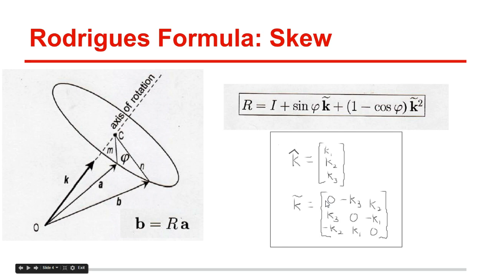You're expanding that into a 3x3 matrix, and this is what it will be. So you have 0, negative z of the unit vector K, then y, then z, 0, negative x, negative y, x, and then 0, with the zeros all along the diagonal.